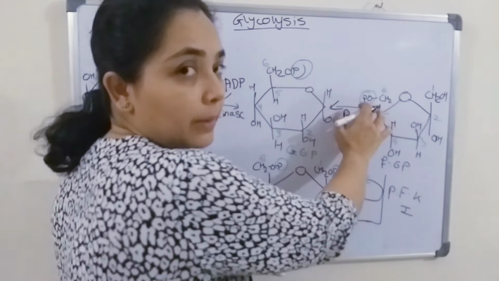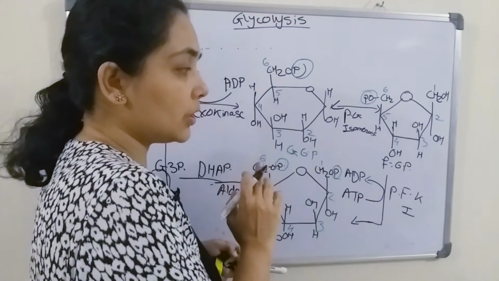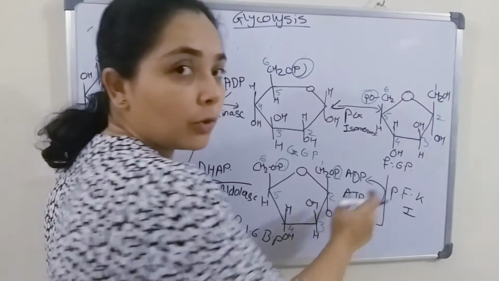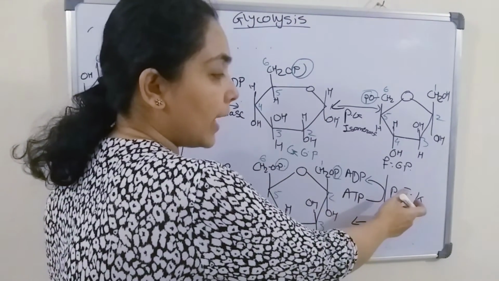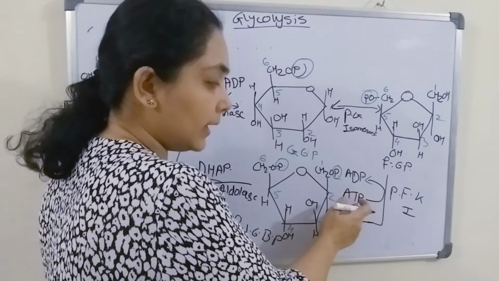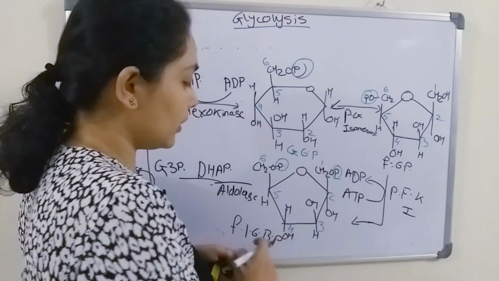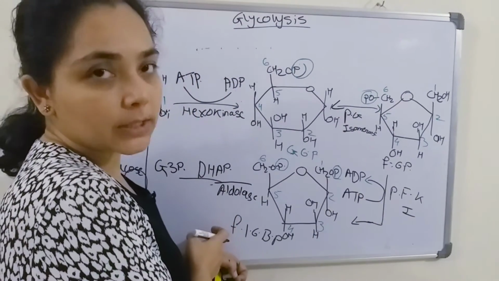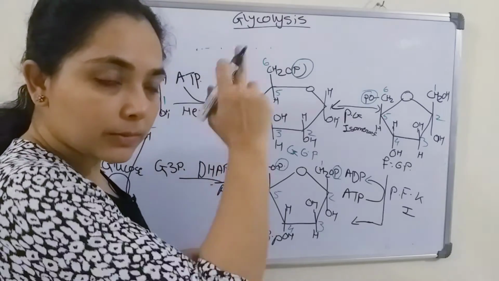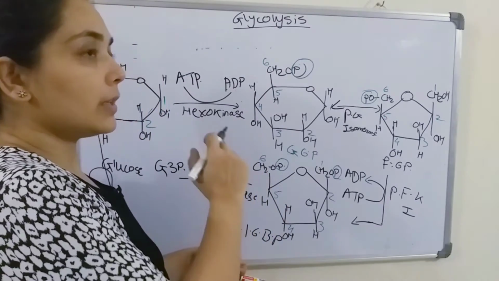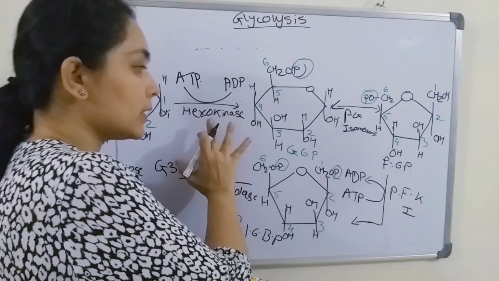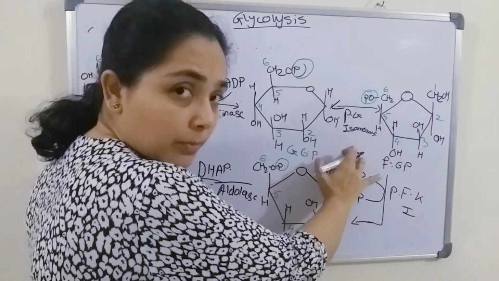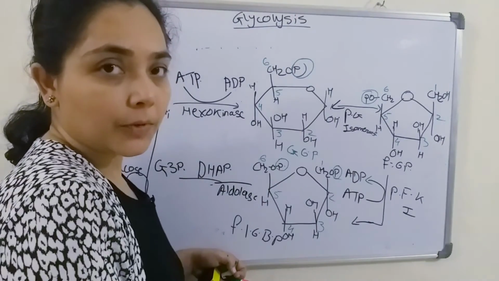The rest will have the same phosphate group at the 6th position. Then 1 more phosphate group will attach here, so 1 more kinase will be there. The second ATP molecule will be utilized. So now we will have fructose 1,6-bisphosphate. So this first step consists of first phosphorylation, isomerization and again phosphorylation.